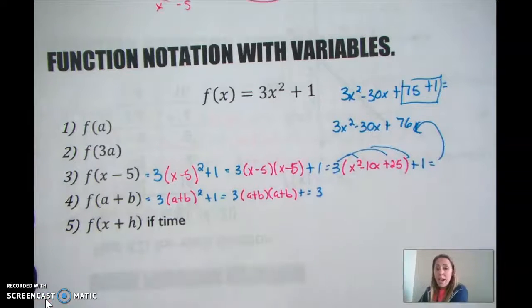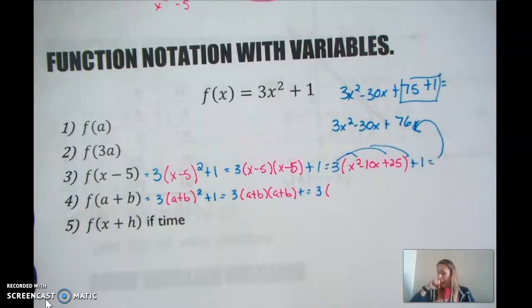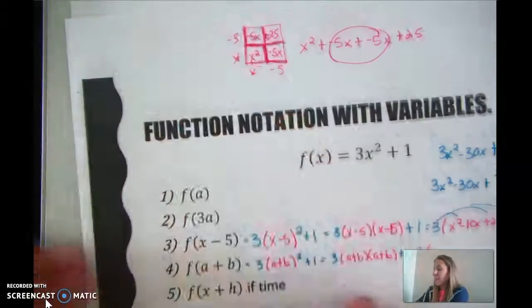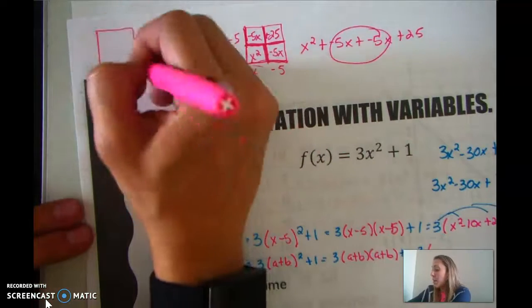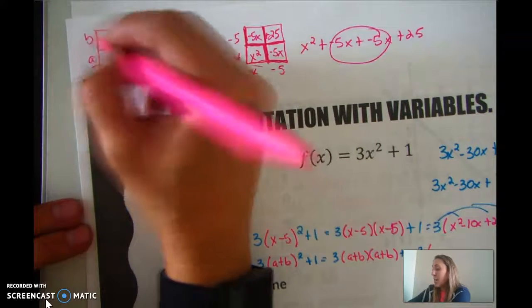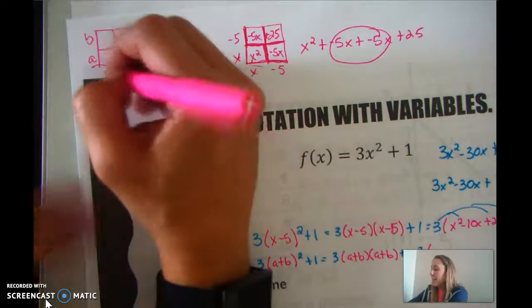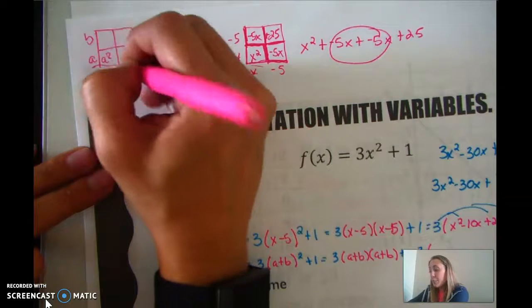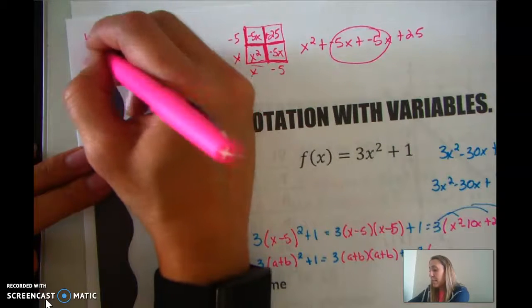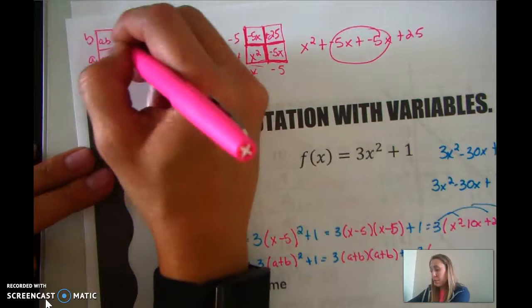Okay, so now I got to this point where I have a plus b times a plus b. So I'm going to have to do that same method that I did before. I'm going to put it in my box. I'm going to do a plus b, a plus b. So a times a is a squared, a times b is ab, b times a is ab, and b times b is b squared.